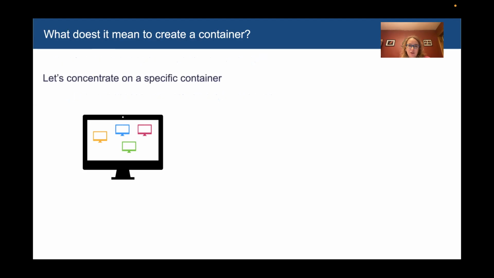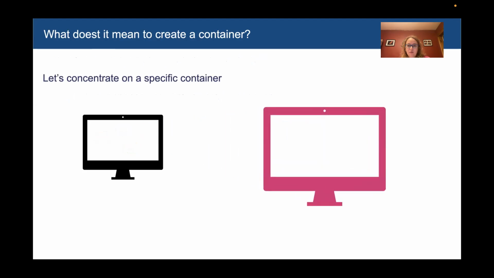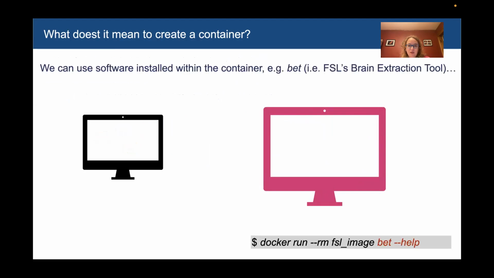But now let's concentrate on a specific container and discuss what you can expect from the behavior within this container. All of these examples are based on an FSL image. If you run this FSL image, within this container you have access to all of the FSL software.